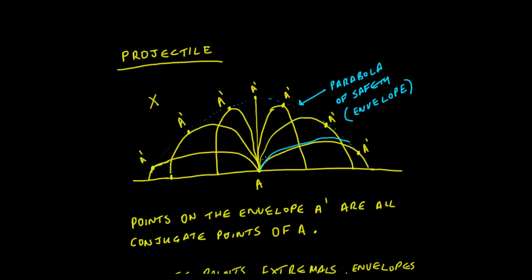Let's make the angle just a little bit steeper, and it would come up and come down somewhere down here. Then if we were to take the limit as this angle tended towards 0, the blue extremal would tend towards the yellow extremal, and that would tend towards a point here, which would be the conjugate point.